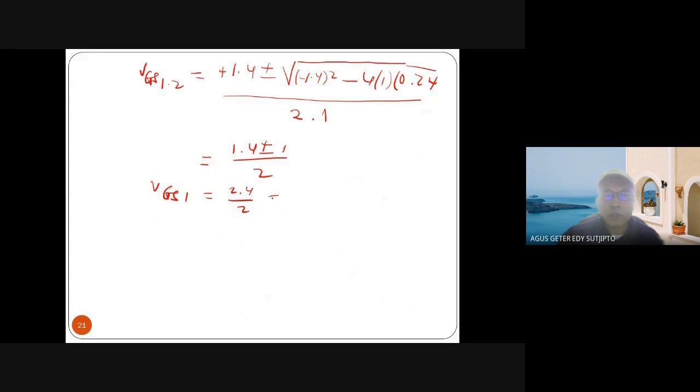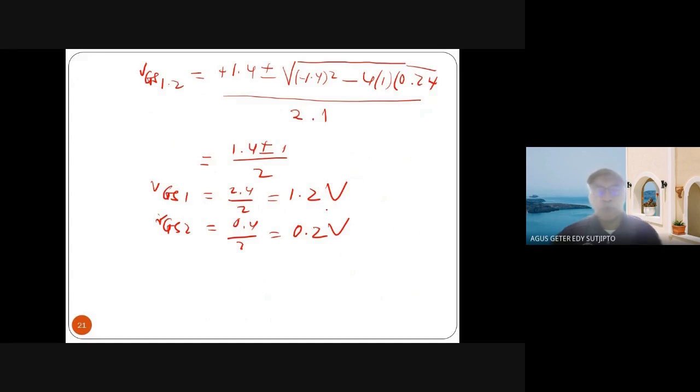Then we have 1.4 plus or minus 1 over 2. So VGS 1 equals 2.4 over 2, which equals 1.2, and VGS 2 equals 1.4 minus 1, so 0.4 over 2, which is 0.2.